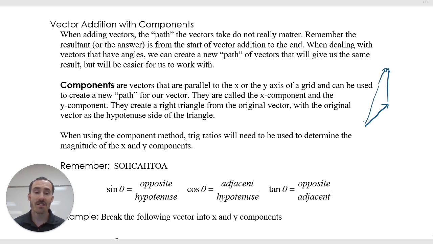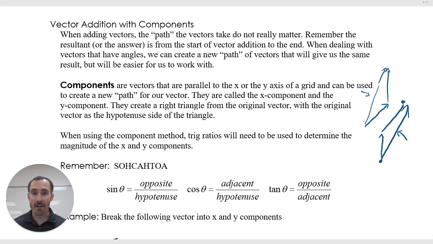But that's going to be the same as going first this direction and then this direction. Then if we draw our resultant vector starting from the beginning and ending at the end, it looks something like that. If I had drawn them both perfectly, this vector here and this vector here would be exactly the same.